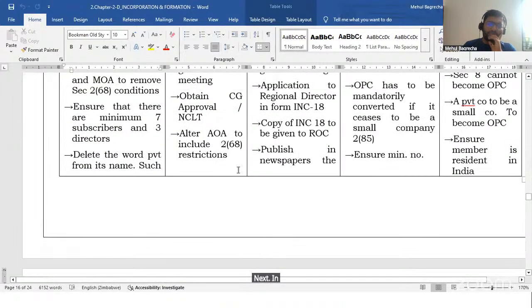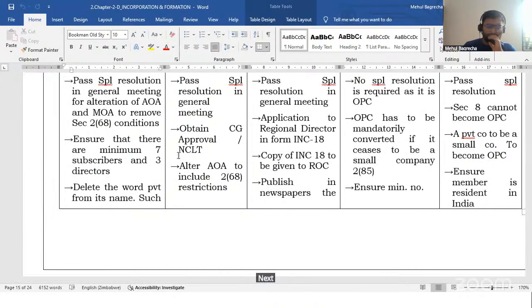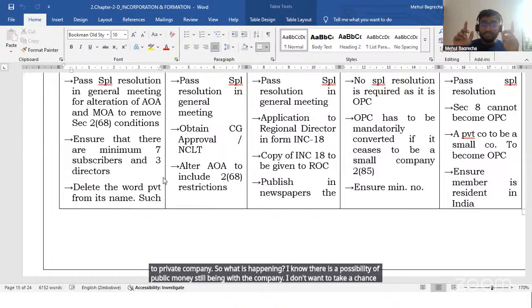In case of conversion of public to private, read. Public to private, pass special resolution in general meeting, obtain CG approval / NCLT. What is the CG approval and NCLT? I'm converting a public company to private company. So what is happening? I know there is a possibility of public money still being with the company. I don't want to take a chance. So first take the central government approval because you're a public company.